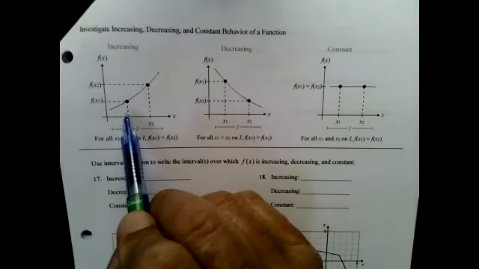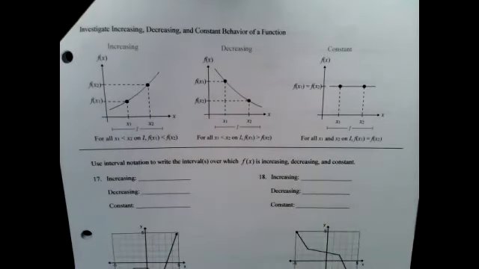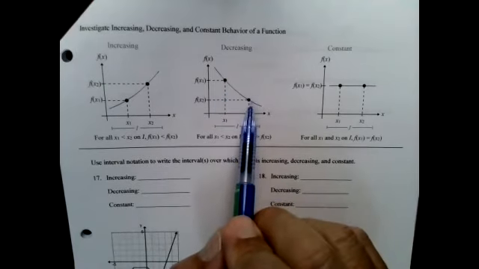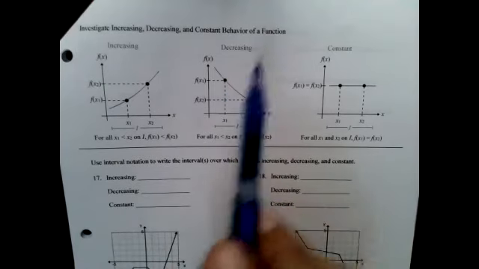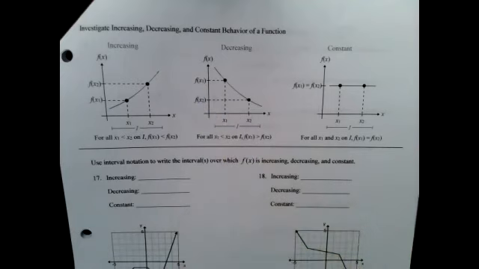I think you got the idea. The y to the right is bigger. But you need to start to be able to see these things because some of you are going on to calculus. Over here, the y value to the right is smaller. As my x's increase, my f of x's decrease.